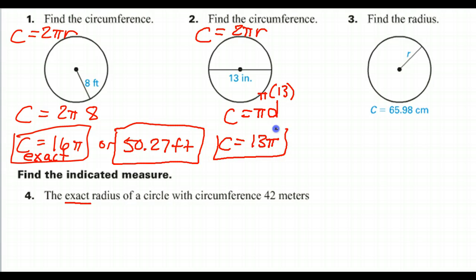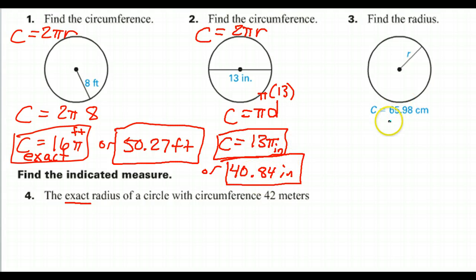So that is the exact answer. Or we could get the decimal version of that, which would be 40.84 inches. Okay, so the exact answer and the decimal. Be prepared to give either one.